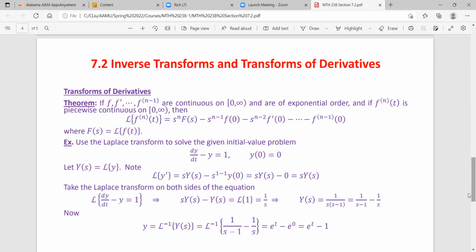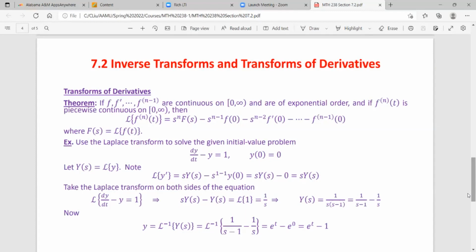So we got an equation for capital Y of s, and you can factor out capital Y of s on the left-hand side. You get capital Y of s times (s minus 1) equals 1 over s. Then you just divide by s minus 1 on both sides, and you get capital Y of s equals 1 over s times (s minus 1).